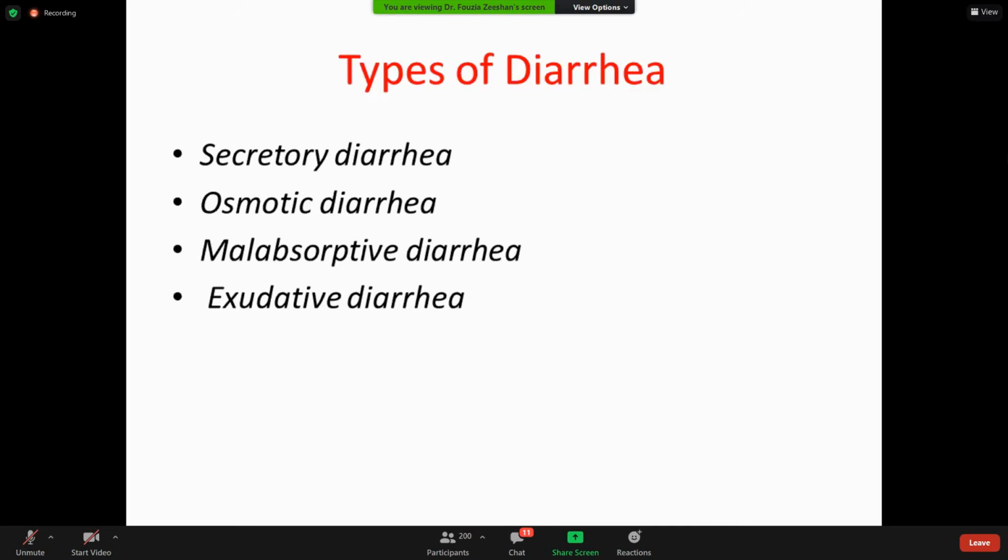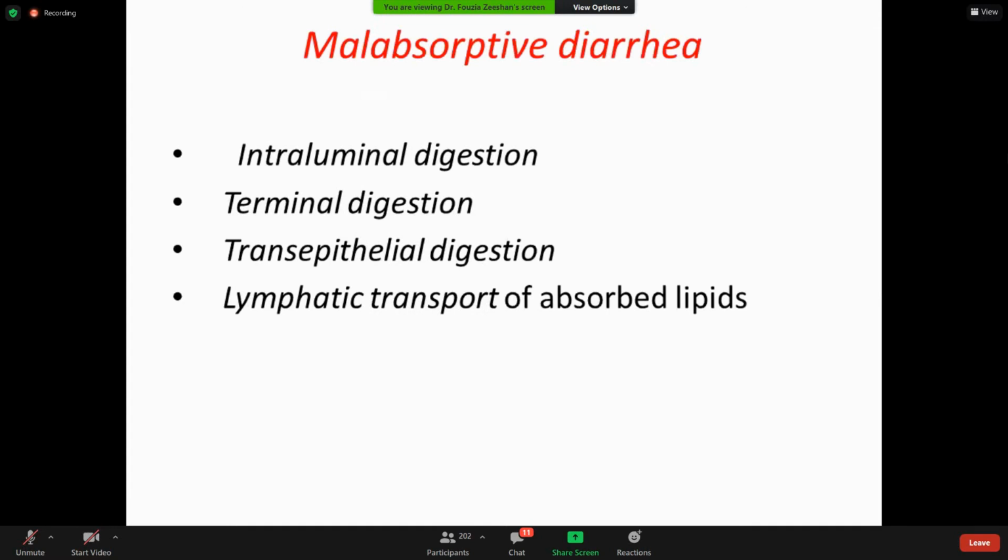It leads to mucosal damage, and so malabsorption occurs. The food will not be absorbed the way it has to be, or in case of certain pathologies like pancreatic insufficiency. So these are the ways malabsorptive diarrhea occurs.